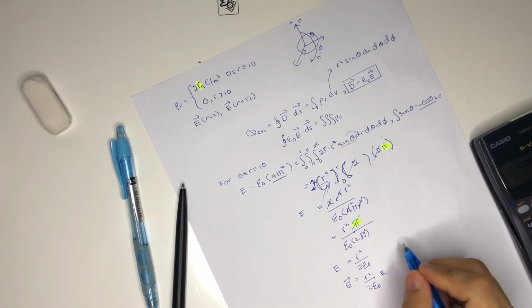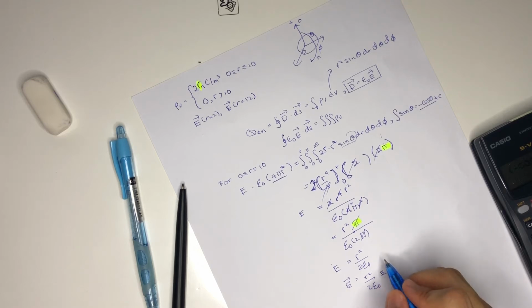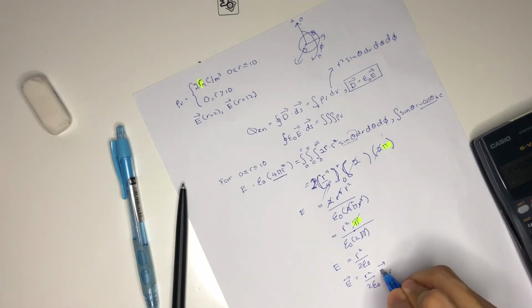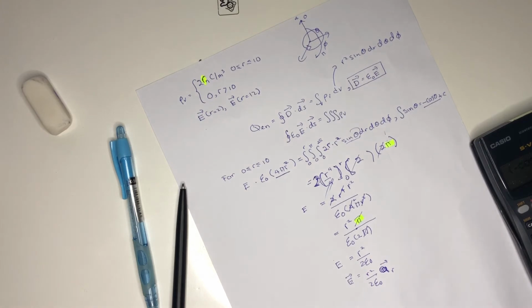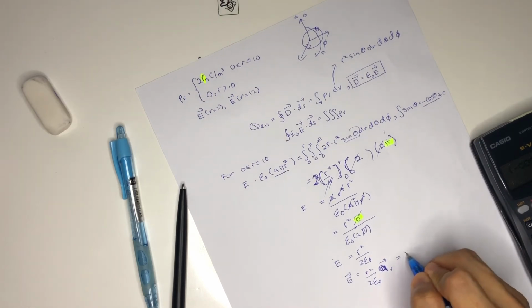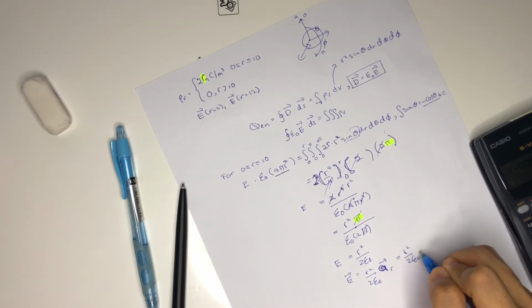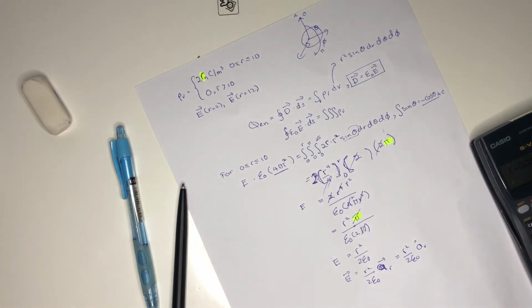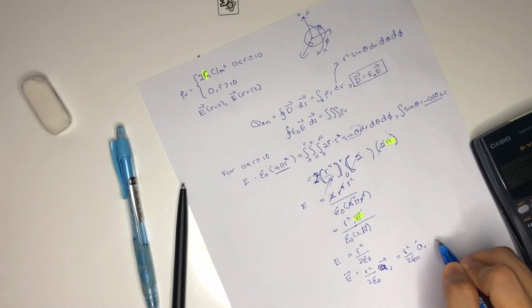Your vector is in the a sub r direction, okay? For example, let me rewrite it so that it will be clear. So don't forget that you have nano here, okay? Nano.